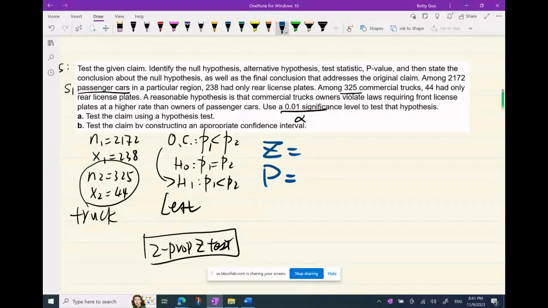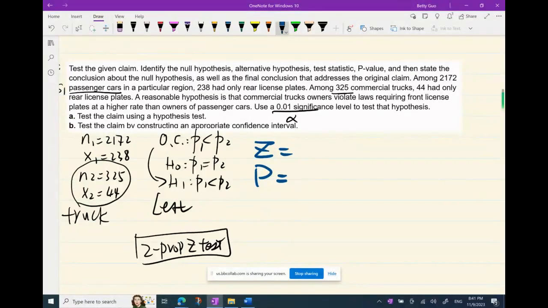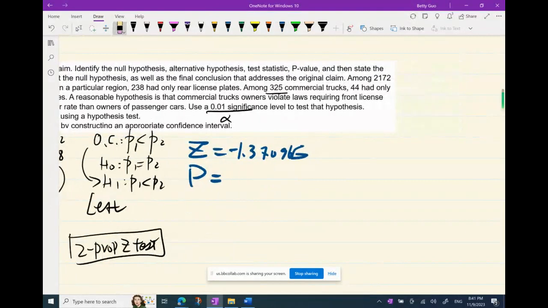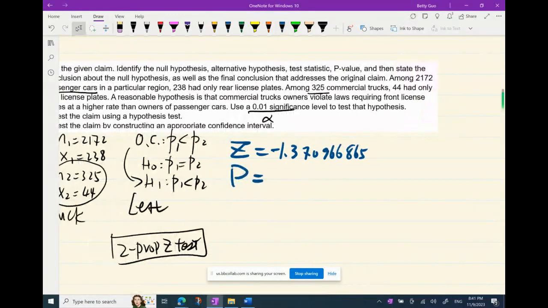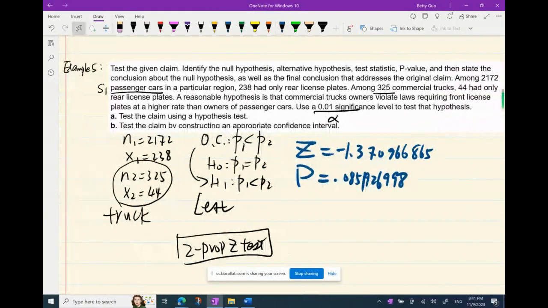this is a left tail test, so confirm the middle one. This is my test statistic. My test statistic is... my p-value is... please let me know, do you have the same thing?